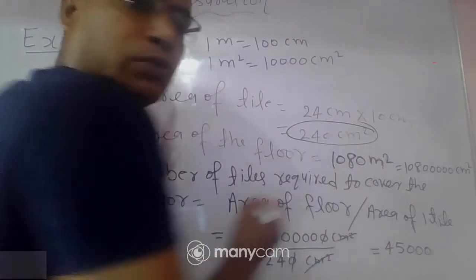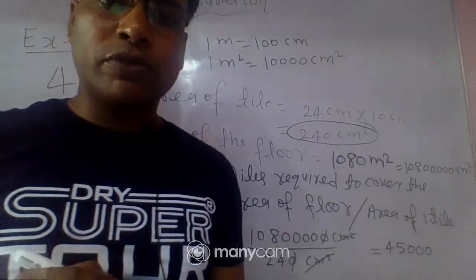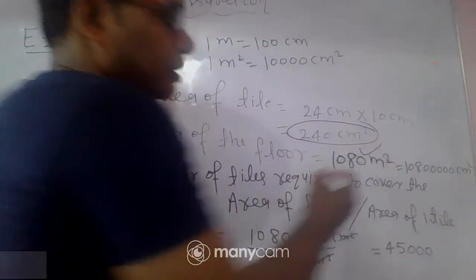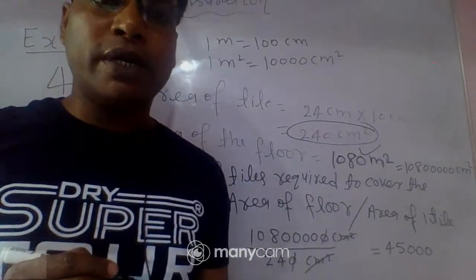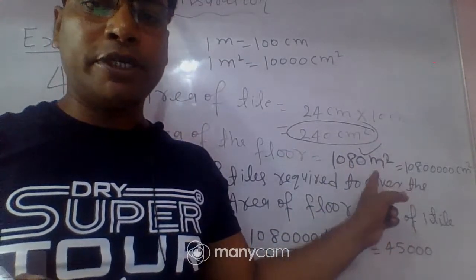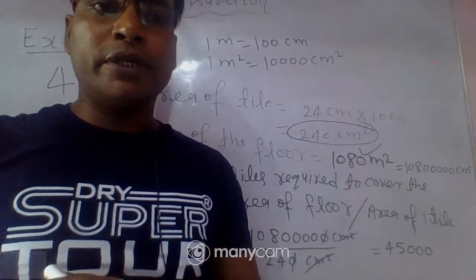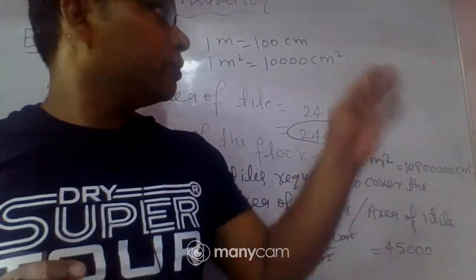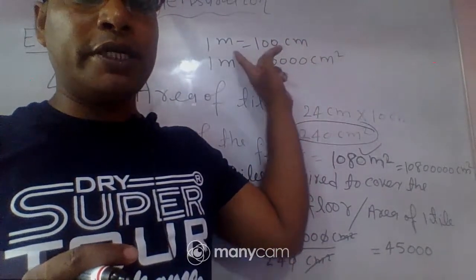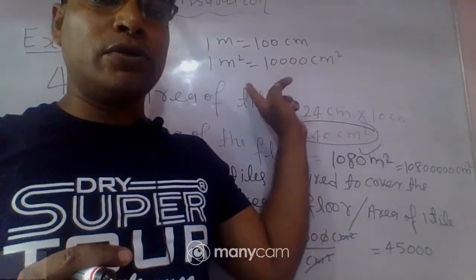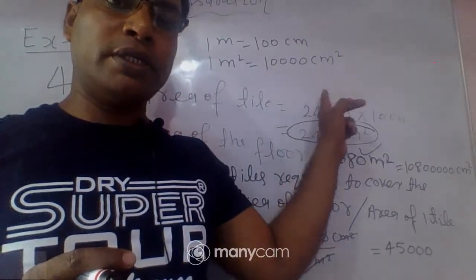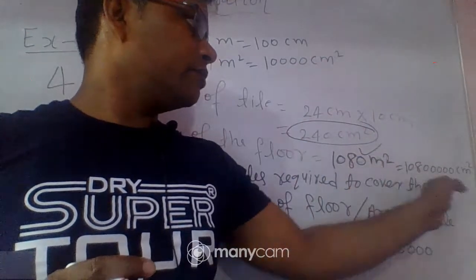So students, I hope all of you understood this question. In this question, first we find the area of one tile. The area of one tile is 240 centimeter square, and the area of the room is given here as 1080 meter square. Here you can see centimeter square, but here meter square, so we convert meter square into centimeter square. We know that 1 meter is equal to 100 centimeter.